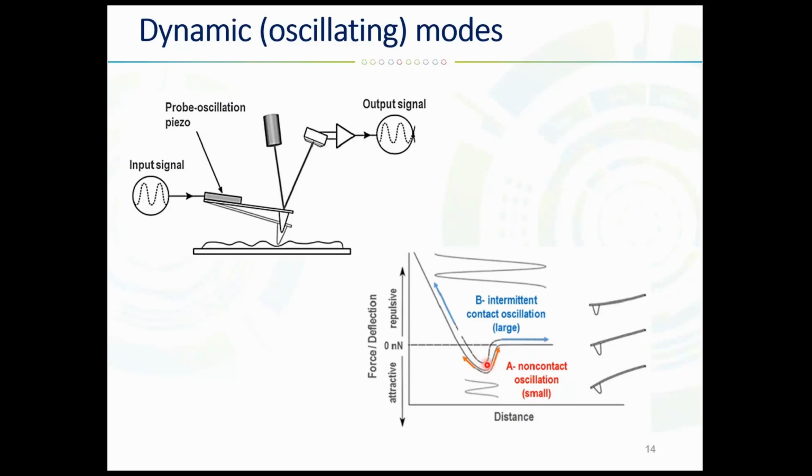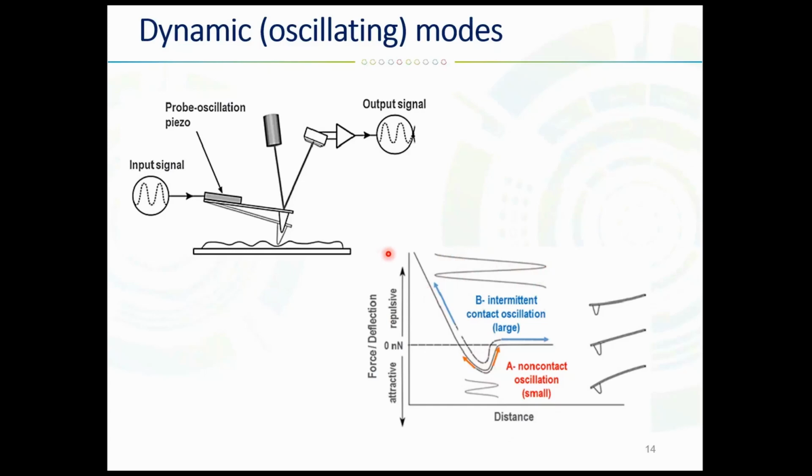On the other hand, if we apply a large oscillation, here in blue, the probe will be moving from a very far position, where there is no tip and surface interaction, then go through the attractive phase into the repulsive phase and back to the oscillation.